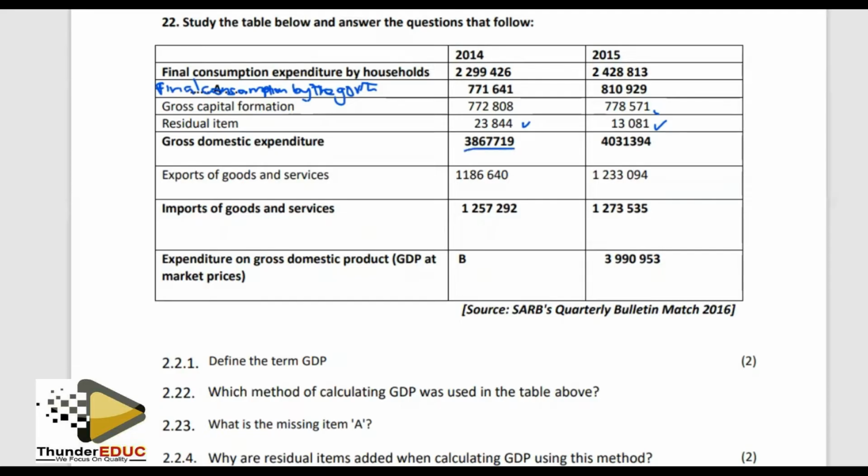If you add this, look at this. This is 7, 15. 15 plus 6 plus 1. This is 7 plus 8, that is 15 plus 4, that is 19. We write 1 and carry 1. So this is 1 plus 2, that is 3 plus 4, that is 7 plus 0, 7 plus 4, it gives us 11.